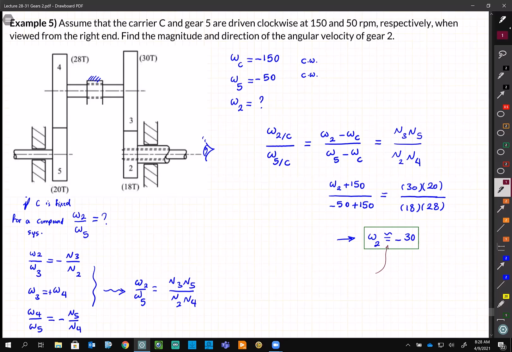So let's say rounding in a range of plus minus 1 is okay. So if, for example, somebody wrote minus 31 for this, it is a correct answer. If somebody in the exam writes 30.95, it is still acceptable.